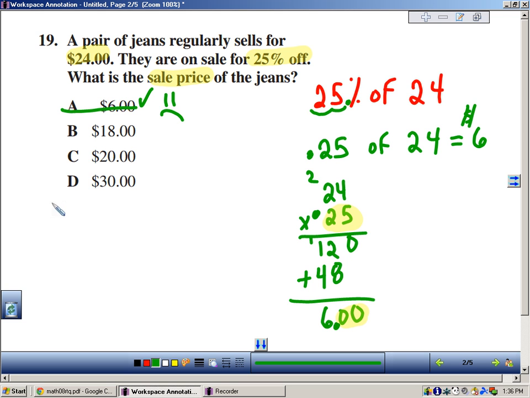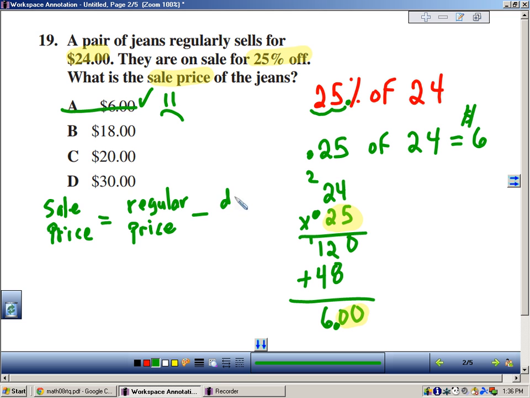The sale price is always found by taking the original price or the regular price, right? And to make it a sale, don't you subtract? Subtract what?